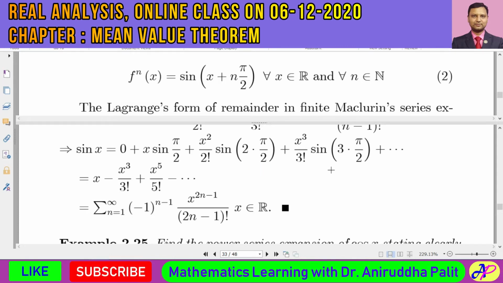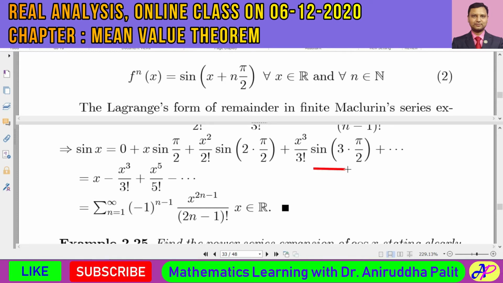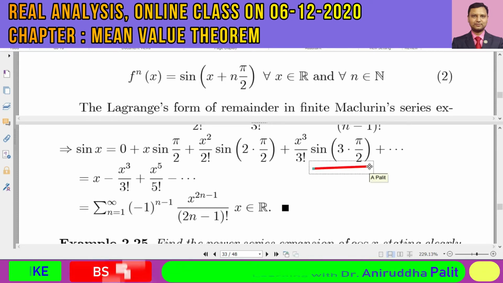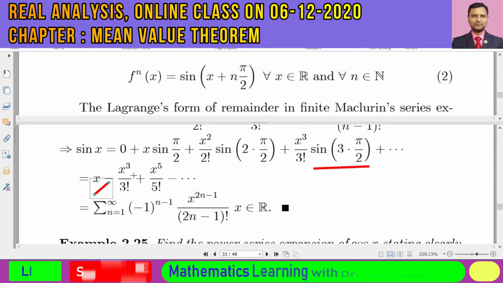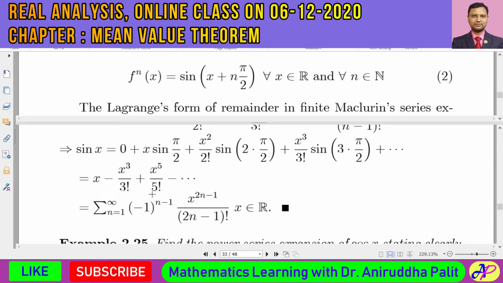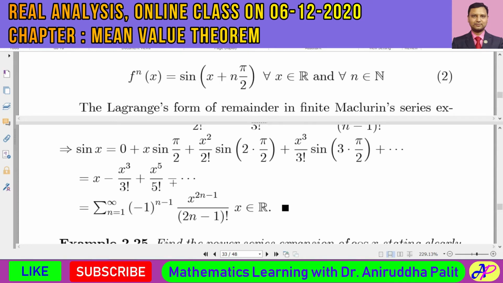The next immediate term is x cubed by factorial of 3 into sine of 3 pi by 2. Sine of 3 pi by 2 is equal to minus 1, so we get this minus symbol along with x cubed by factorial of 3. Similarly, if we continue, ultimately we get x to the power of 5 by factorial of 5 minus x to the power of 7 by factorial of 7 and so on.